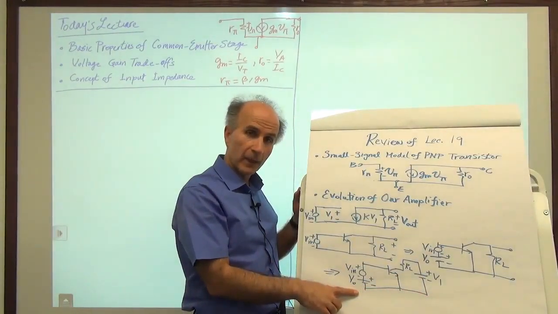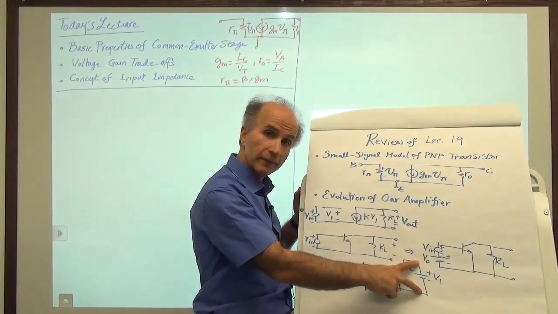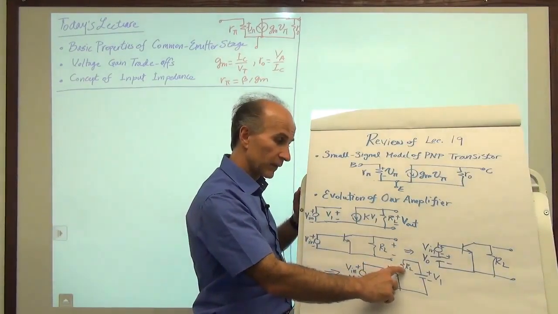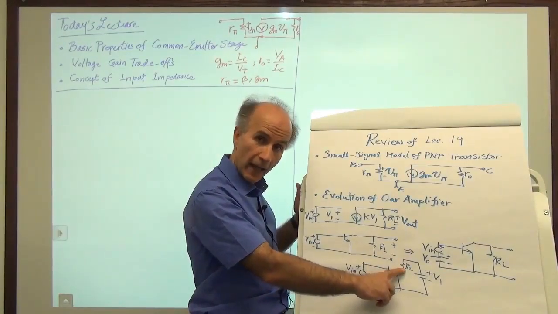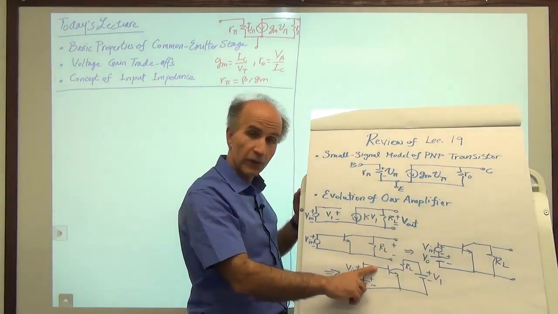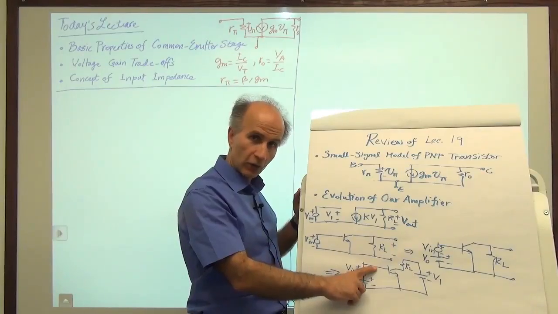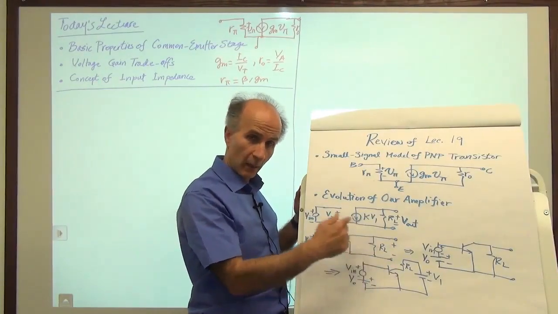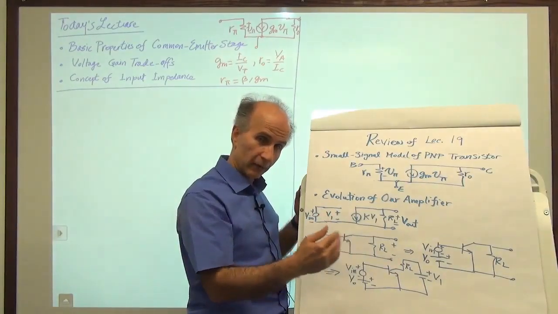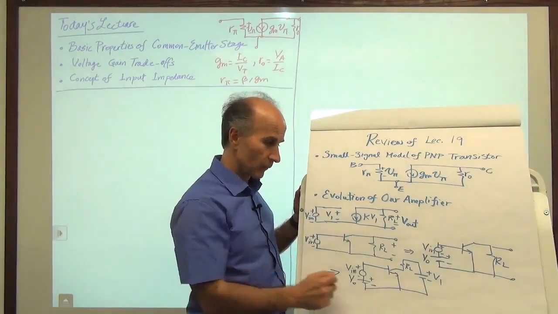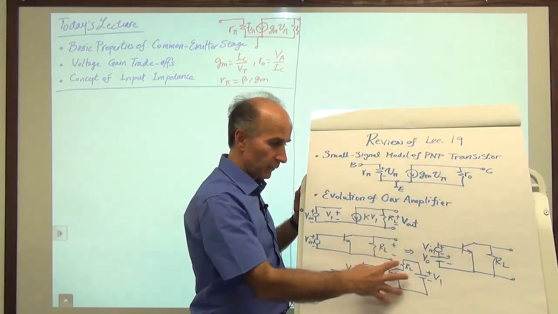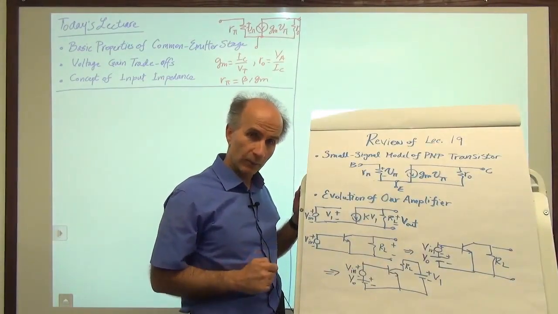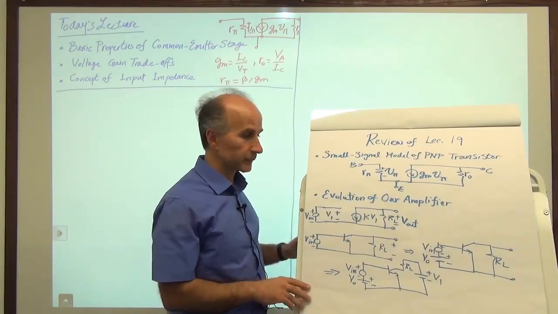Now, if V1 is large enough, the voltage at the collector of the device can be greater than the voltage at the base, to ensure that this base-collector junction is reverse biased and we are operating in the forward active region. So this is where we left off, and today we would like to focus on this and analyze it more carefully and see what properties it presents.